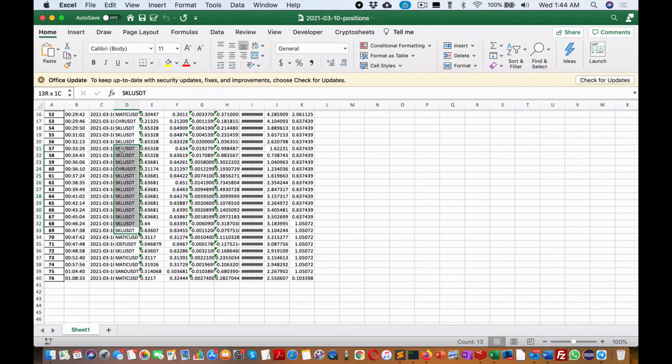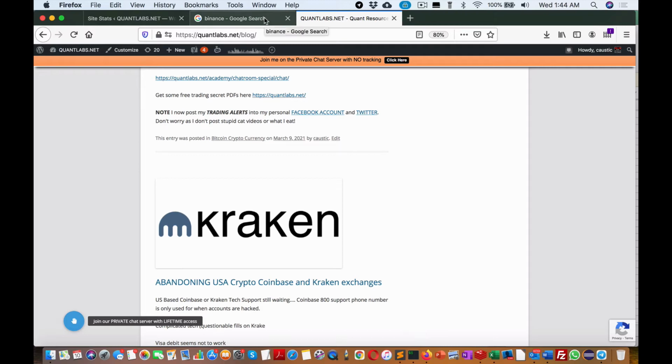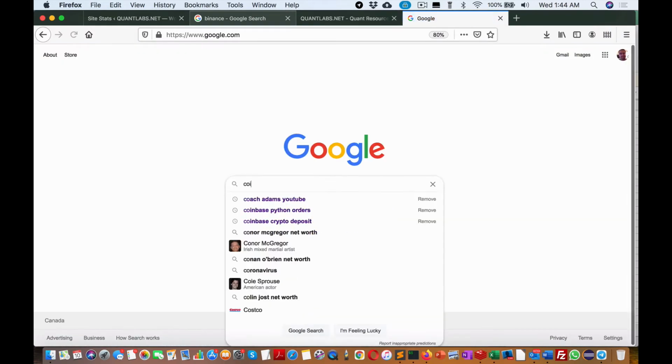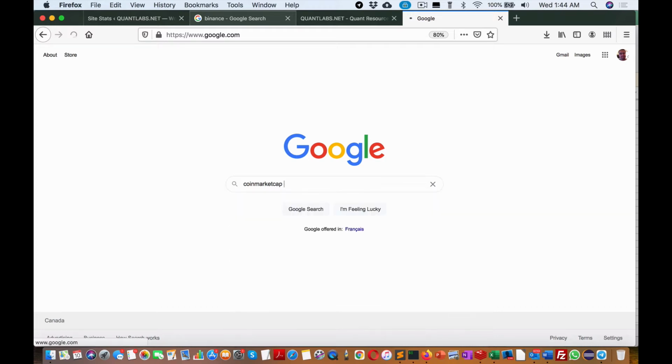The majority of the trades were SKL. Now, if I was to show you on CoinMarketCap how much it moved, it's a fairly small coin, but this is the difference between Coinbase and Kraken and Binance.